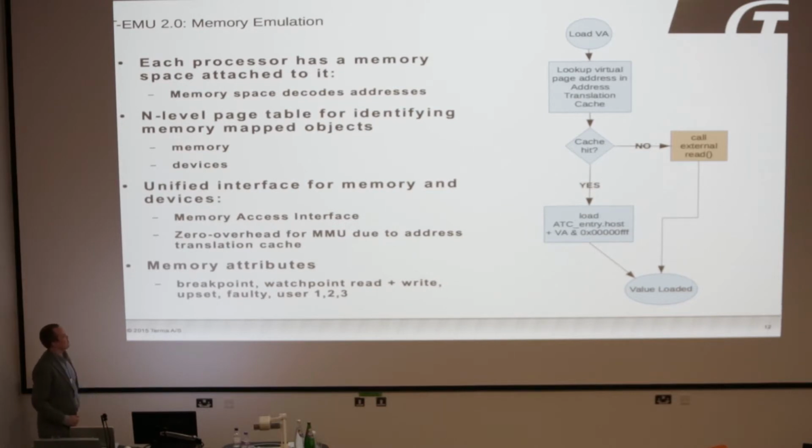And we have support for different types of memory attributes like breakpoints, watchpoints. There's two very space-specific attributes called upset and faulty. Upset is a single event upset, a bit flip. And faulty is something which has a multiple event upset, so it's non-correctable. And you need to simulate this in order to test space software.